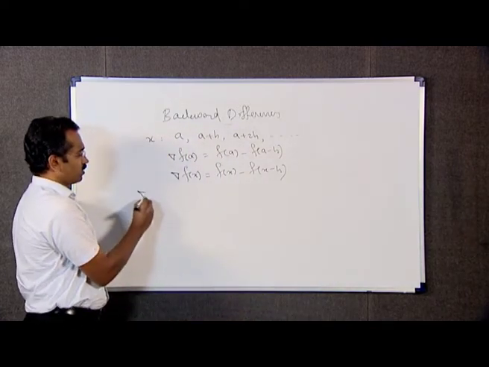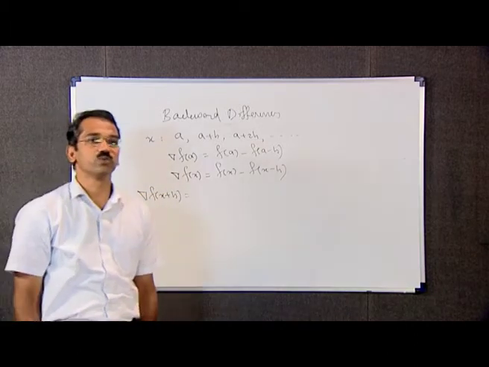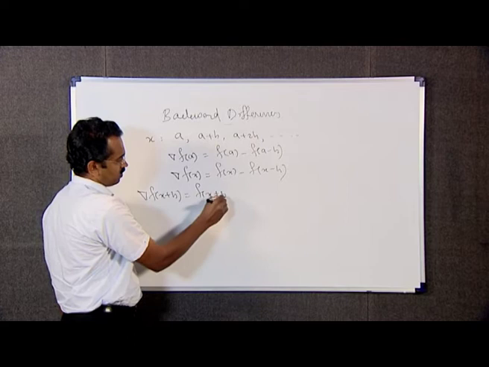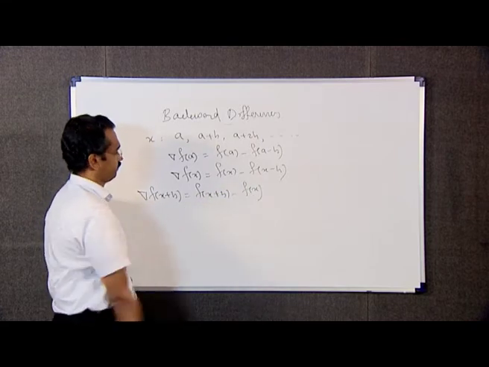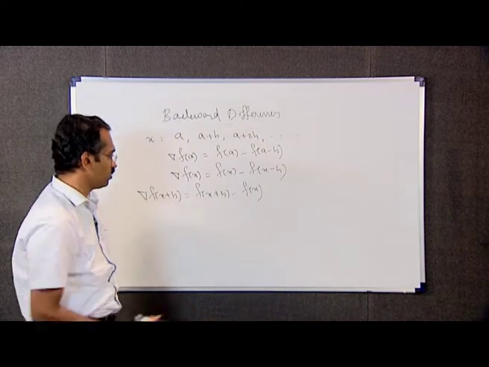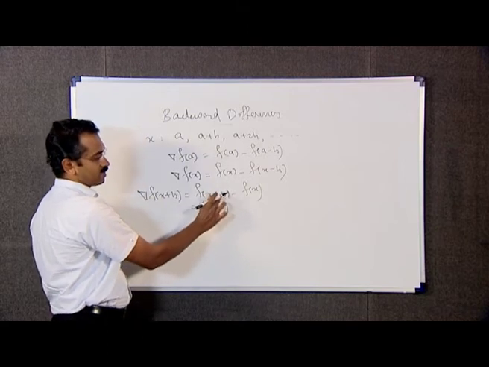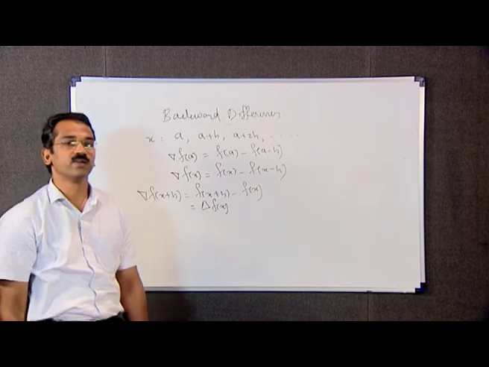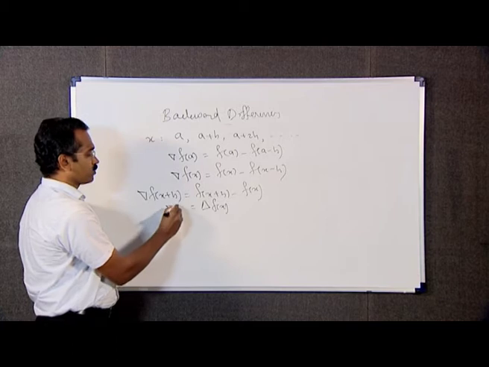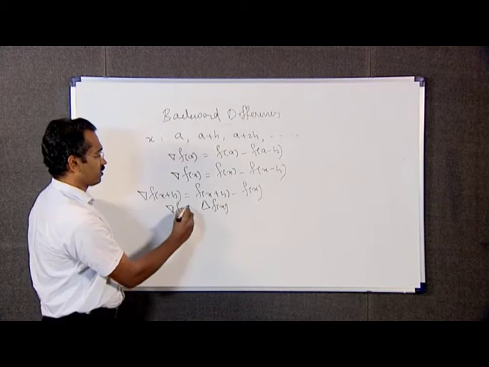We can observe that del f of x plus h is equal to f of x plus h minus f of x. That is our delta f of x. That is, del f of x plus h is the same as delta f of x.